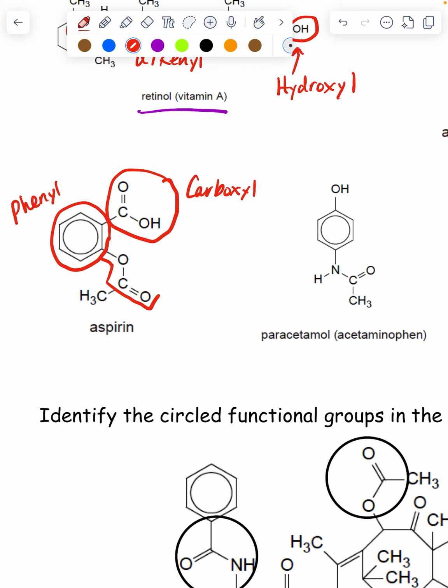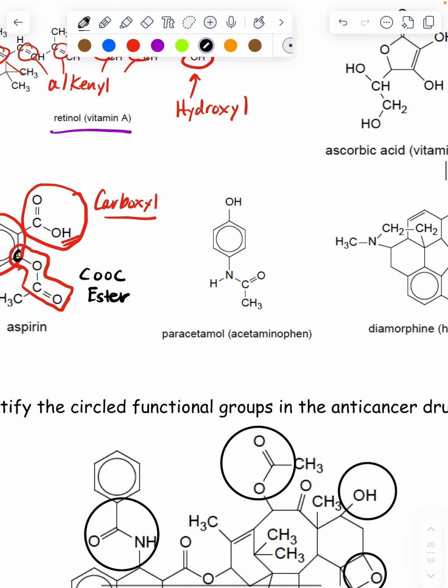Well, if it's COOH, it's a carboxyl or carboxylic acid. If it's COO, and then really it's attached to another C here. This is a carbon, part of the benzene ring. So this is COOC, and COOC is an ester. So this is the ester group.